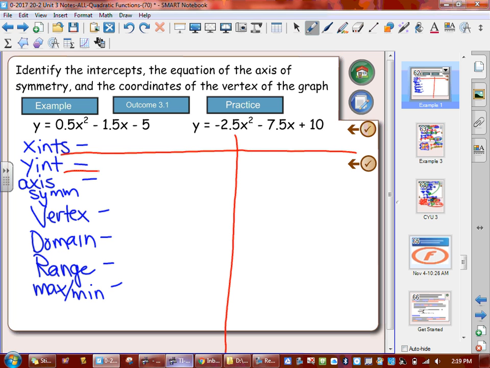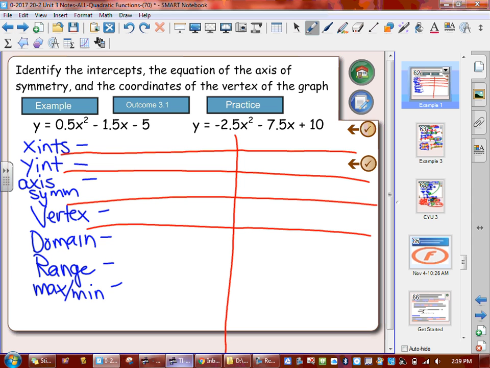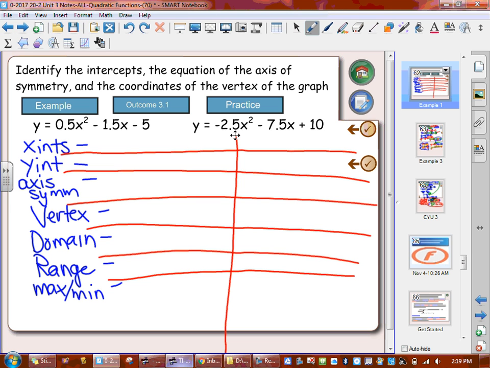So from the example, you are going to get x-intercepts of (negative 2, 0) and (5, 0). Please write them as a coordinate point. The y-intercept as a coordinate point is (0, negative 5). We need our axis of symmetry from our vertex. That's going to be x equals 1.5. Our vertex is (1.5, negative 6.125).